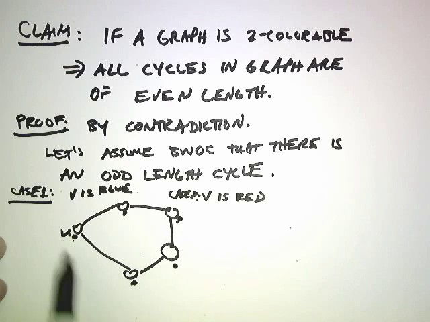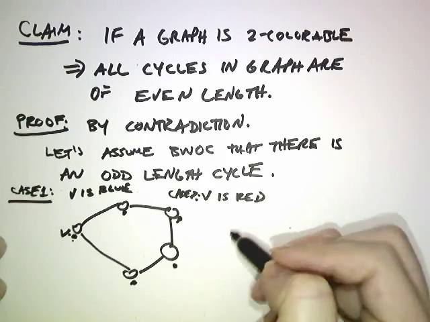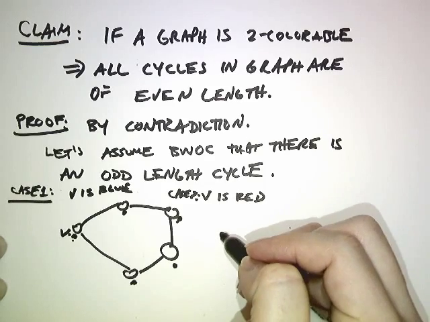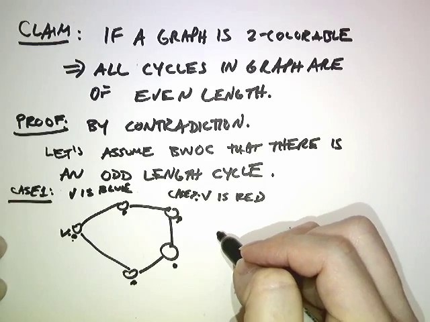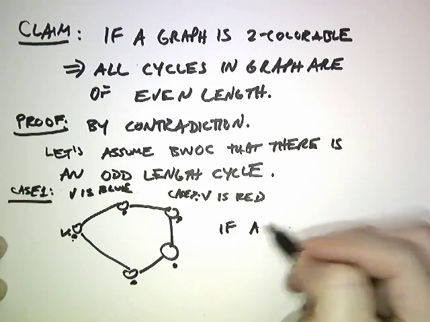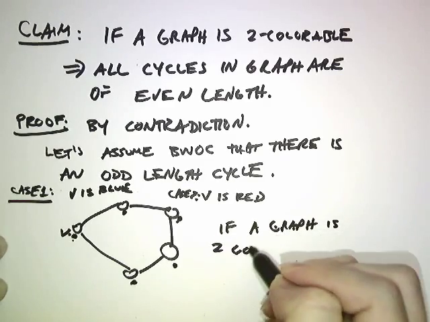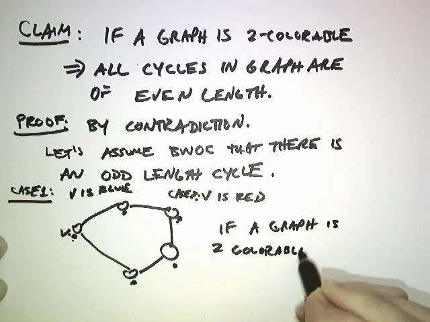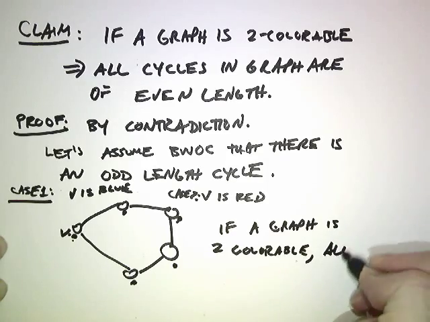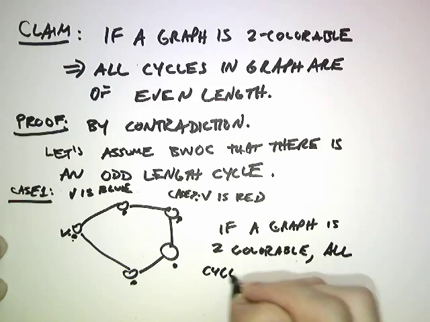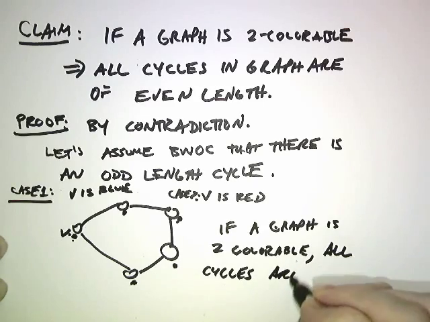You can't have odd length cycles because you need these colors to alternate with the right parity. So this proves that if a graph is two colorable, all cycles are of even length.